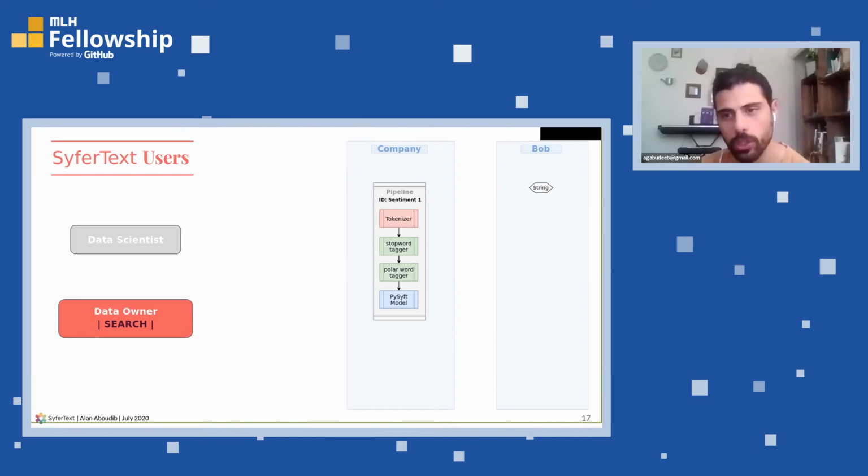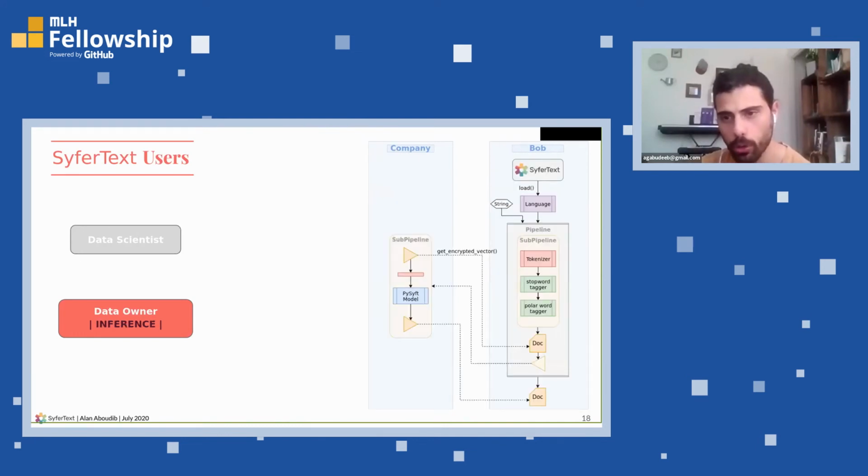And Ciphertext will know how to deploy the whole thing. So it knows that the string is on your machine. So the whole pre-processing part goes to your machine, tokenizes the same, it creates a document, and then the model itself stays at the company. So why does it not go?